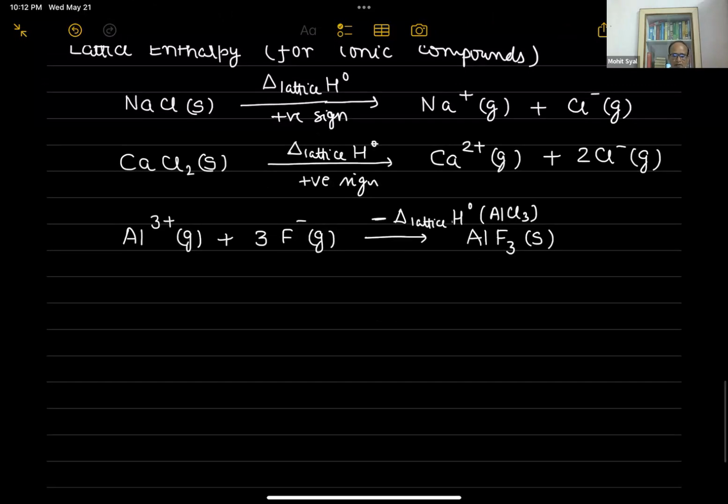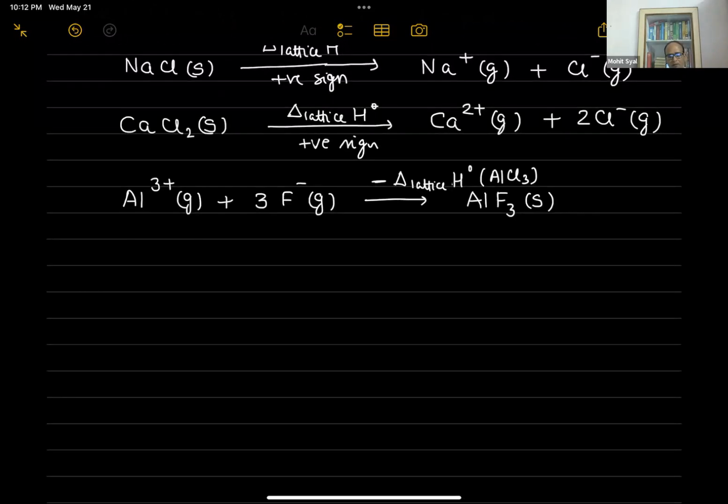So with this, you can find the enthalpy of formation of an ionic compound.